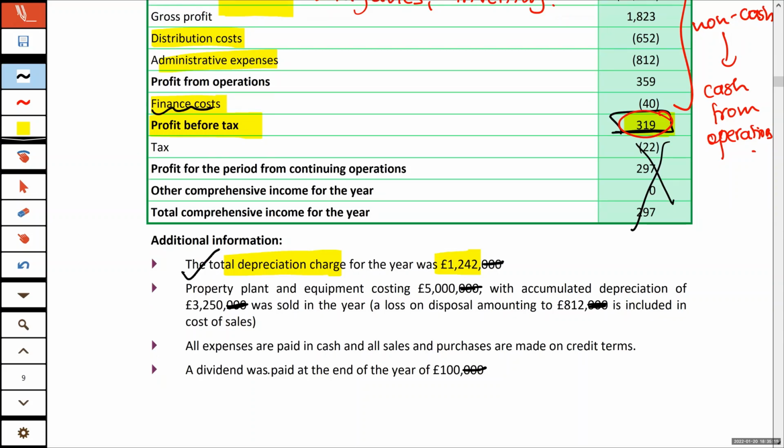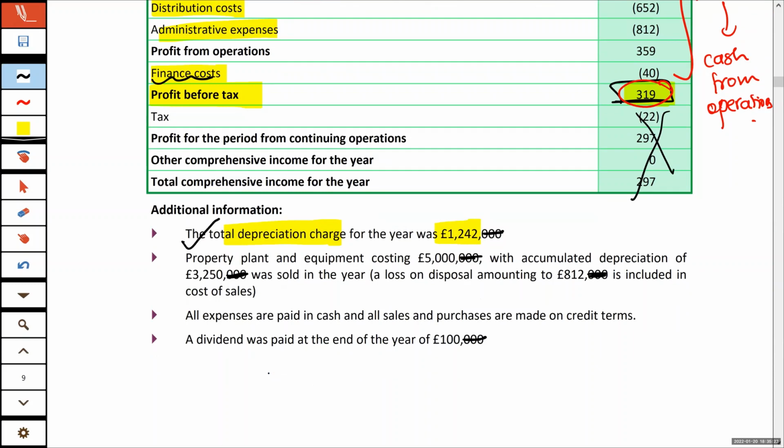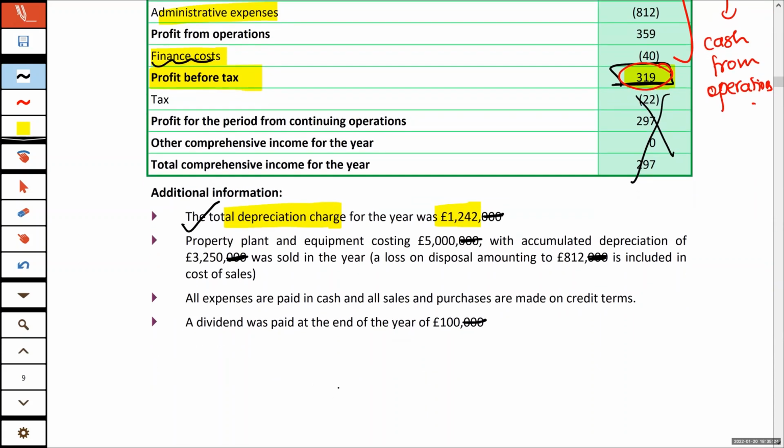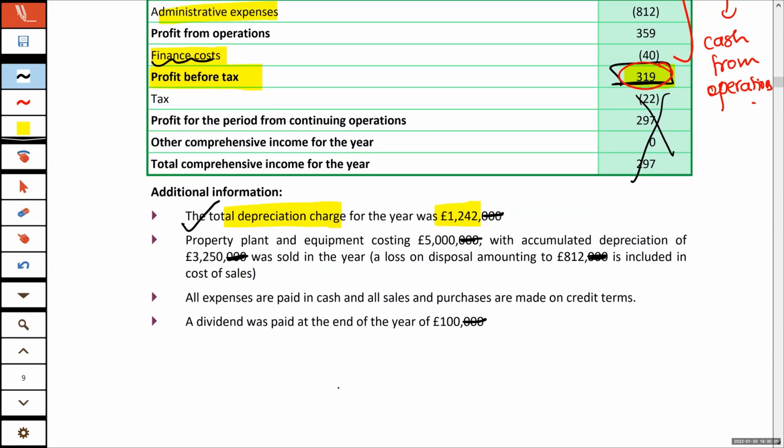Then they've given me a PPE costing 5,000 with accumulated depreciation of 3,250 that was sold in the year. Okay, but you've not told me how much is the proceeds because that's cash in. However, they've said a loss on disposal amounting to 812 is included in cost of sales.